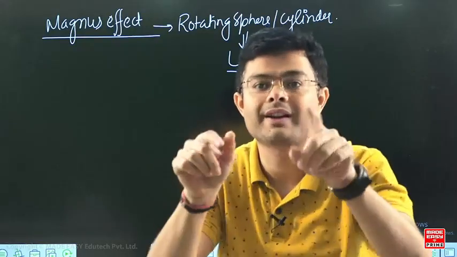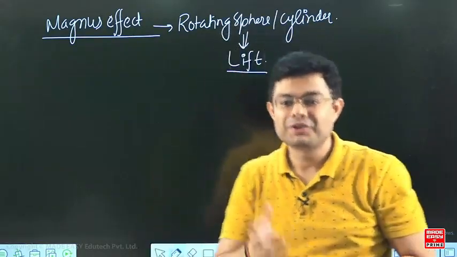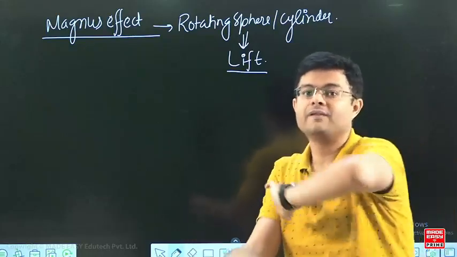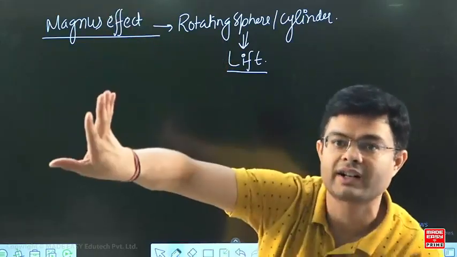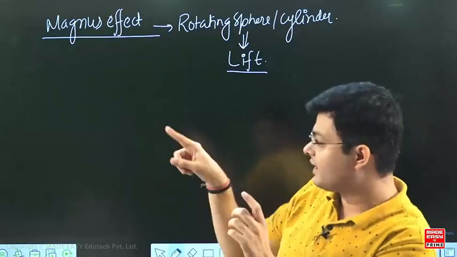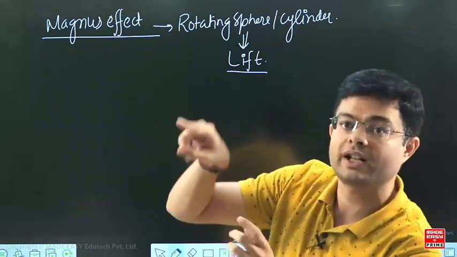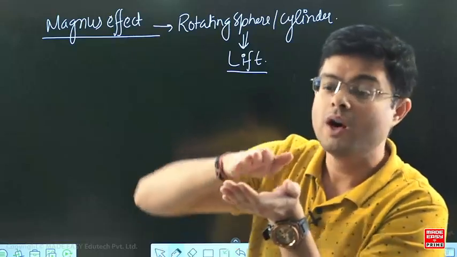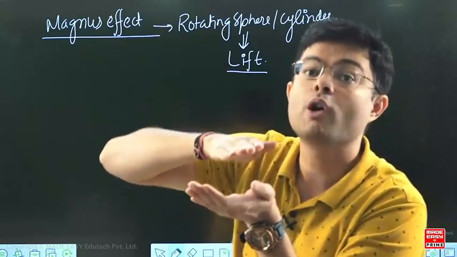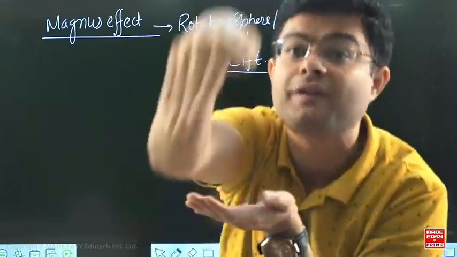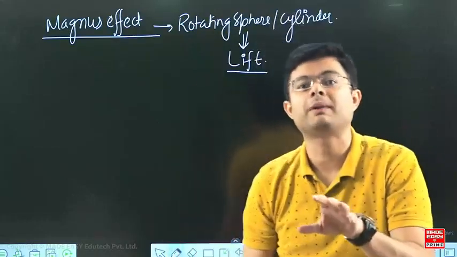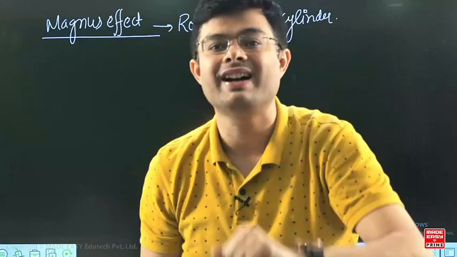Everything has been taken care of by fluid mechanics. The cricket ball is a sphere, and when Chahal throws it with spin, the rotating ball in the air experiences a bit of lift force during its motion. And due to that lift force, the batsman will get disguised.